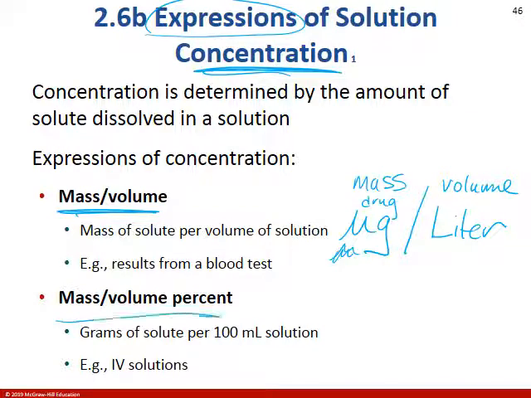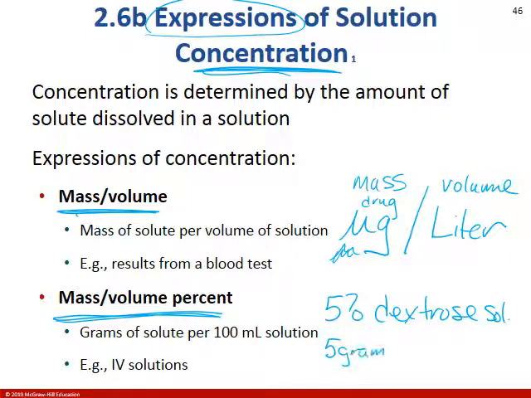You can also do mass over volume as a percentage. So if you see something that says 5% dextrose solution, what does that mean? That means you have 5 grams of dextrose per 100 mLs. So it's still mass over volume, but you're listing it as a percent.